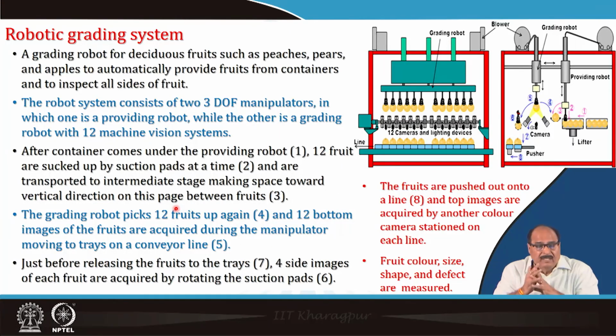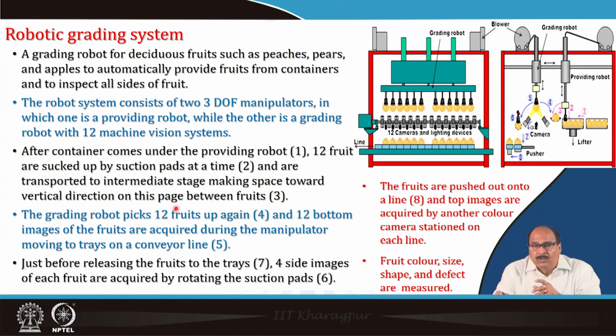Now, here the robotic grading system is again coming in a big way. In the figure I have shown you how one robotic system is used, a grading robot for deciduous fruits such as peaches, pears and apples, to automatically provide fruits from containers and to inspect all sides of the fruit.